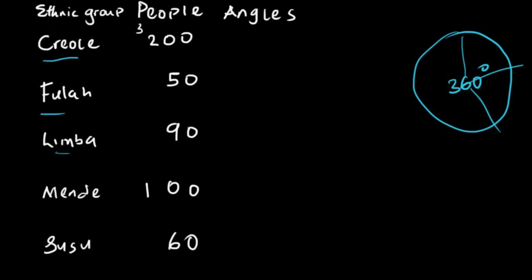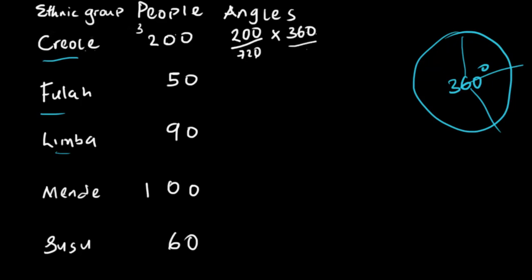So let's find the angle for Creole. This is the step: you divide the number of people in that ethnic group over the total, 720, then multiply by 360. That is 200 over 720 times 360.